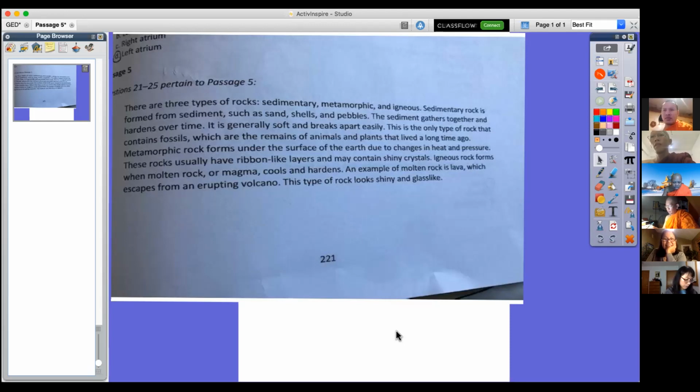Sedimentary rocks is formed from sediment, such as sand, shells, and pebbles. Nice job. The sediment gather together and hardens over time. Very good.